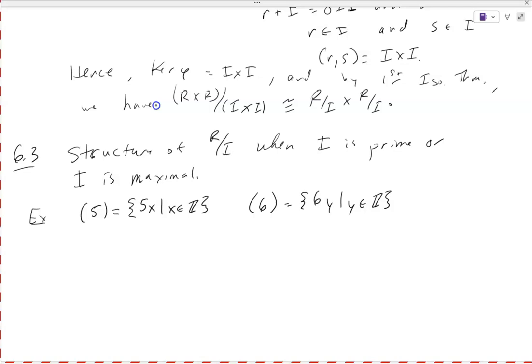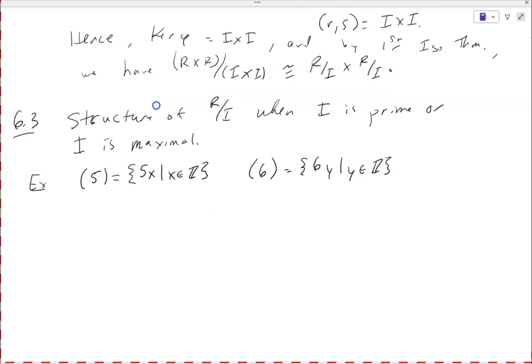Do you agree? Okay. So let's think about how a product can get in the ideal.